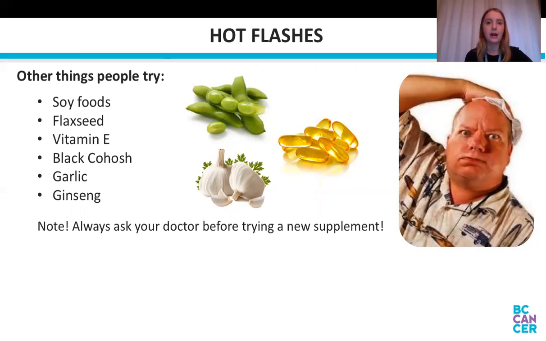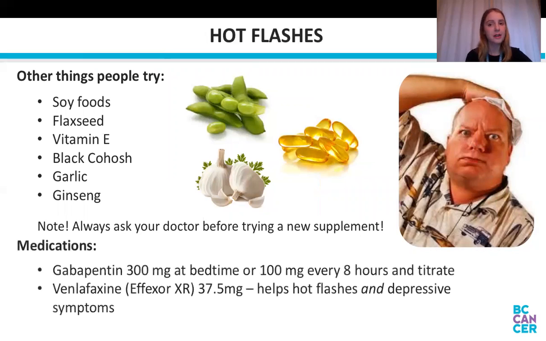Now, if non-pharmacological interventions are not enough to manage your hot flashes, you might want to talk to your doctor about using a medication. And there are some medications that are shown to decrease the severity of hot flashes, such as gabapentin or venlafaxine or Effexor are commonly used.